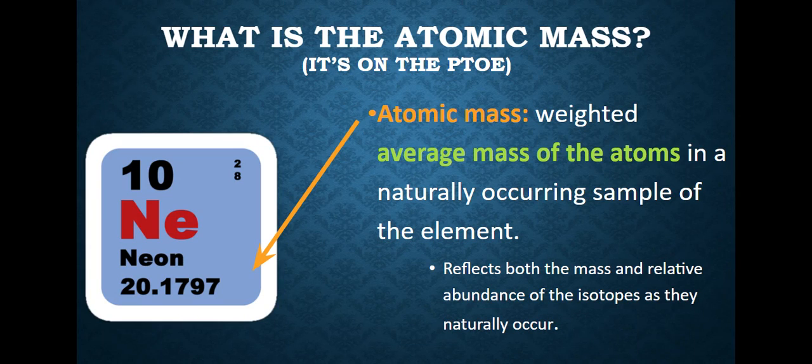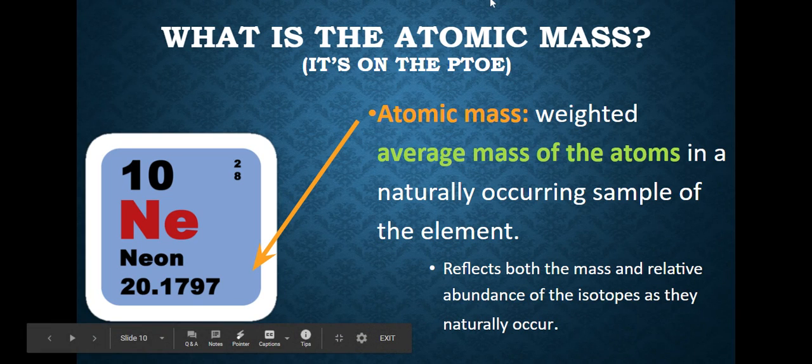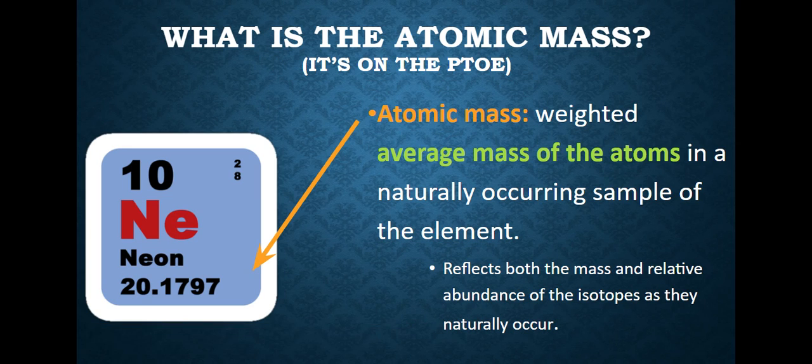So, what is the atomic mass? We've already covered this, but just a quick reminder. It can be found on the periodic table of elements. The atomic mass is simply the weighted average mass of all of the atoms in a naturally occurring sample of the element.